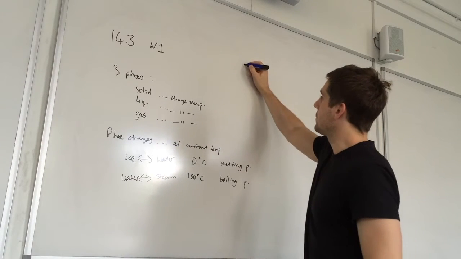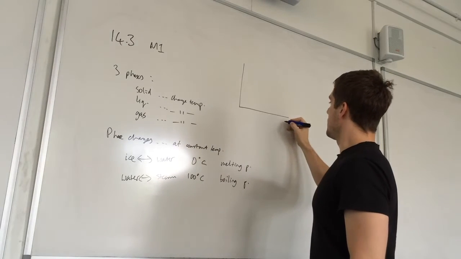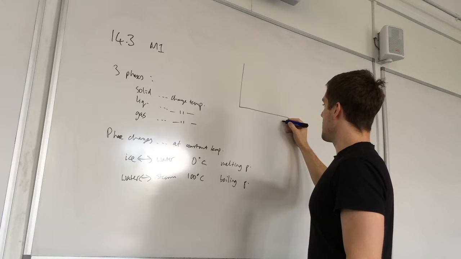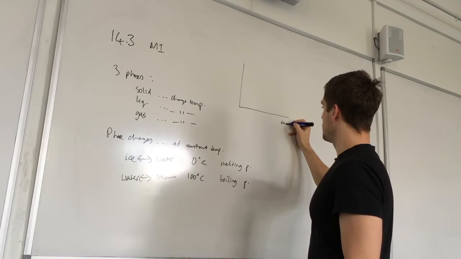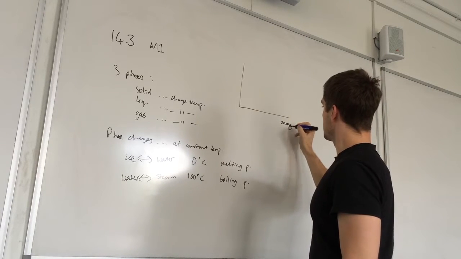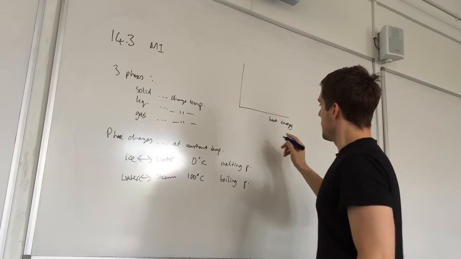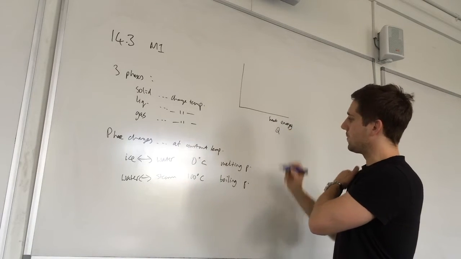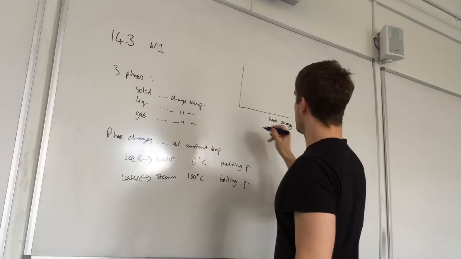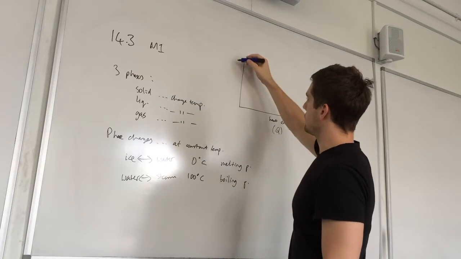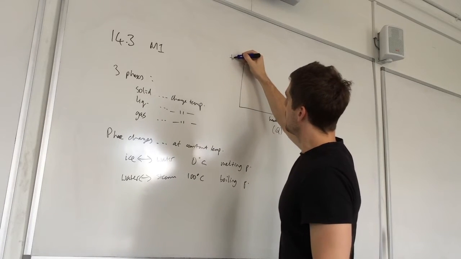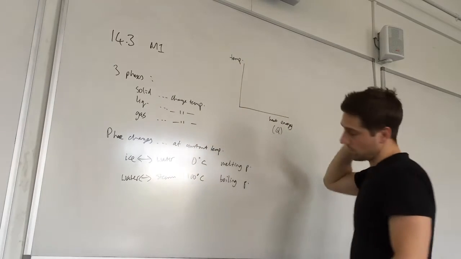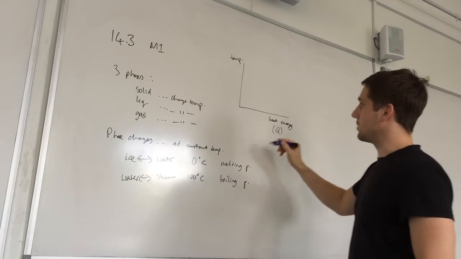And if you plot a graph of the heat energy, the heat energy you put in is denoted by Q. That's not the unit, that's just the symbol for heat energy.